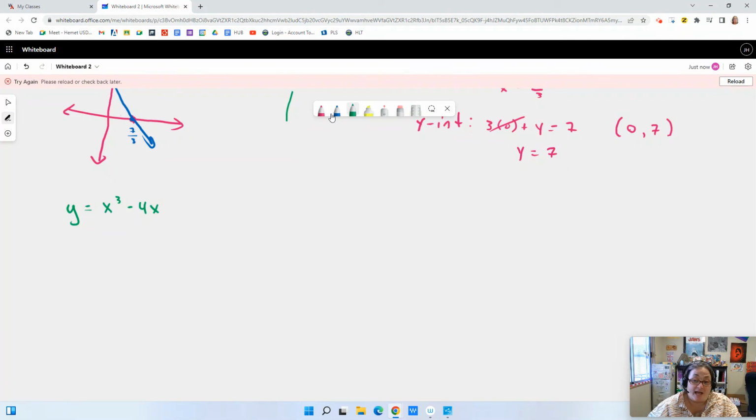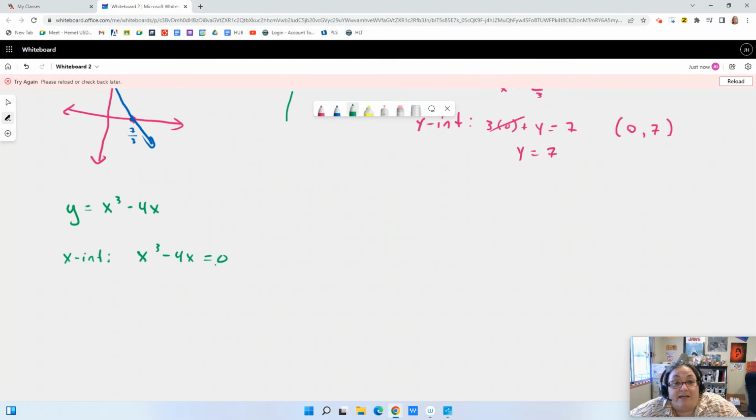I can tell you that I'm going to have more than one x-intercept, and the reason I know that is I got that x cubed there, which means I'll probably have more than one spot where it crosses x. But we're still going to solve it the same way. When we want to find our x-intercept, we're going to take that problem and set y equal to 0 and solve for x. So I'm going to have x cubed minus 4x equals 0. I just put my y on the other end so it's a little bit more readable.